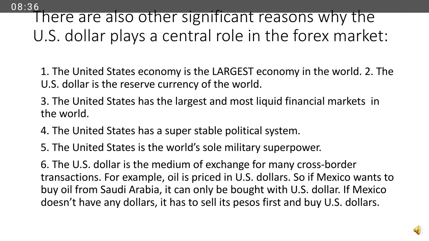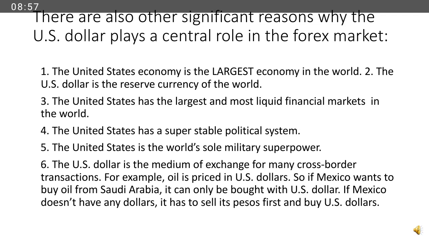Then, six, the US dollar is a medium of exchange for many cross-border transactions. For example, oil is priced in US dollars. So if Mexico wants to buy oil from Saudi Arabia, it can only be bought with US dollars.